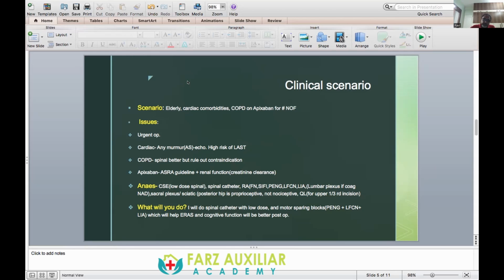In an elderly person with a kidney clearance problem, there will be a little more delayed clearance of apixaban, rivaroxaban, whatever the Xa inhibitors are. That creates an impression that you are not a technician who is here to do a block. You are a 360-degree clinician with an expertise in regional anesthesia.